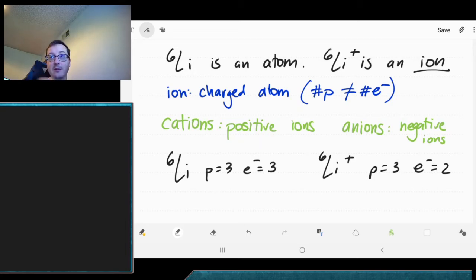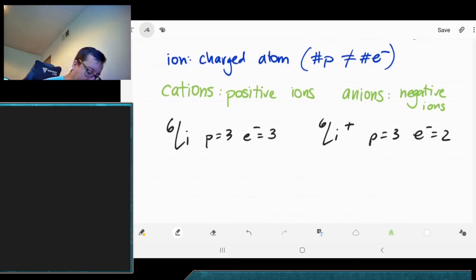All right, but you see we have written something. We've written a +1 up here. Again, we don't like numbers that are extra, so if it's just a positive, we assume it's 1 positive. And we see here that we actually have 1 less electron in that ion form of lithium.